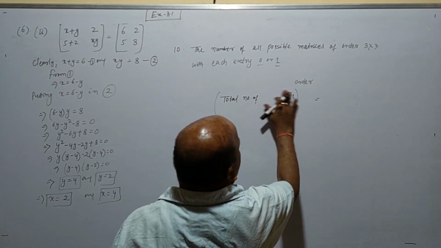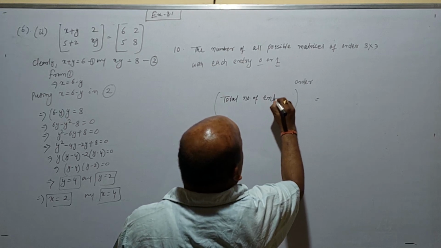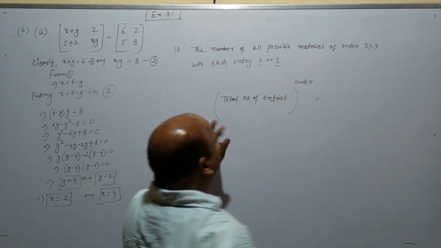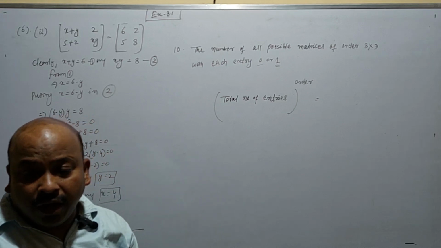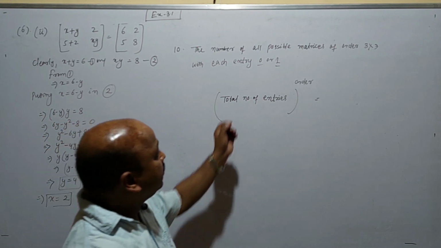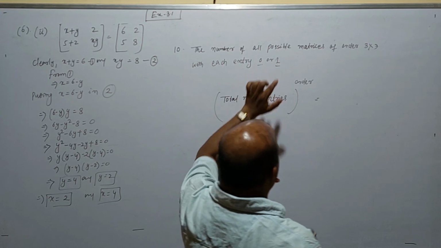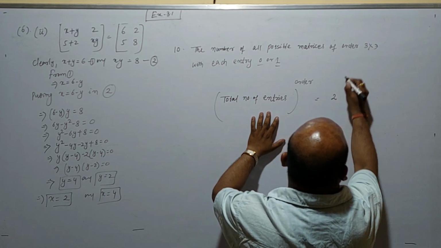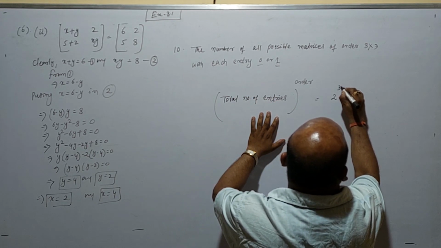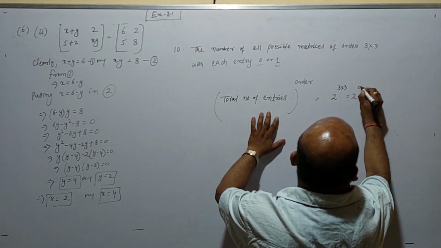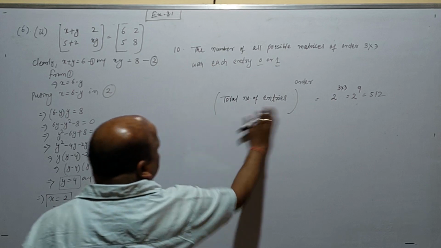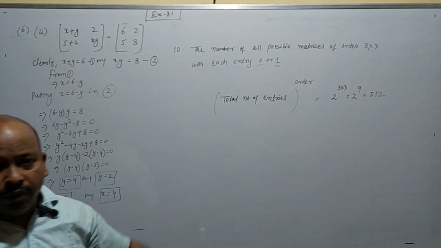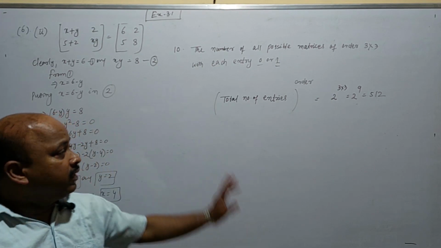So how many elements do we use to make matrices of order 3 by 3, using only the entries 0 or 1? It is 2, and the order is 3 by 3, so 2 power 9, which is equal to 512. Very, very important concept. So be careful and remember this one.